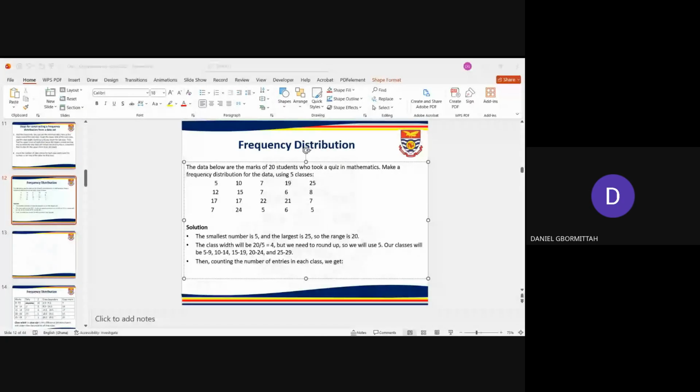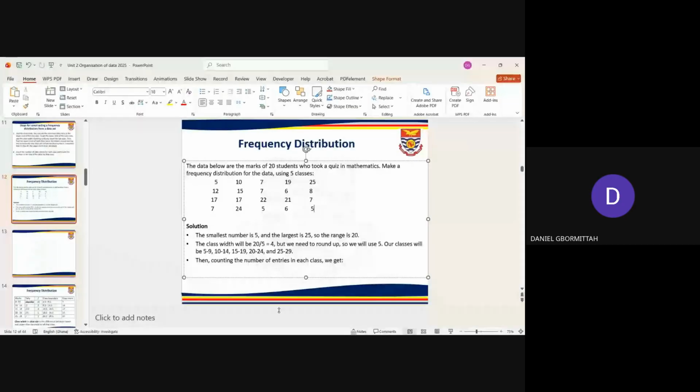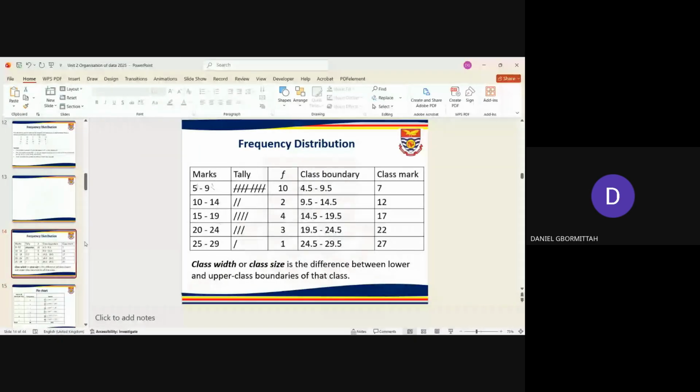The second class is from 10 to 14. So these are the classes. We should get 5 classes like we have here. The first class, second, third, fourth, fifth. But the class size is 5.